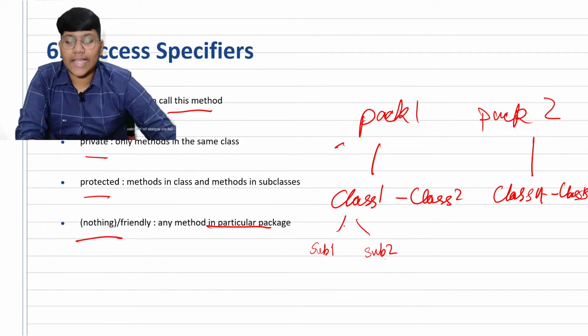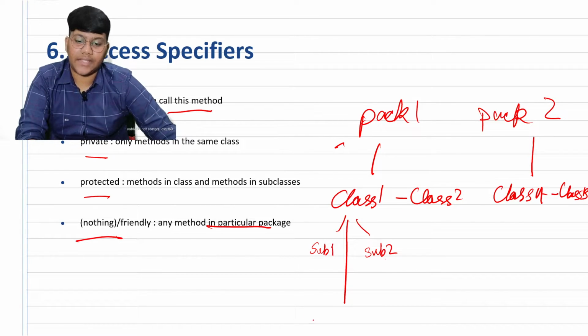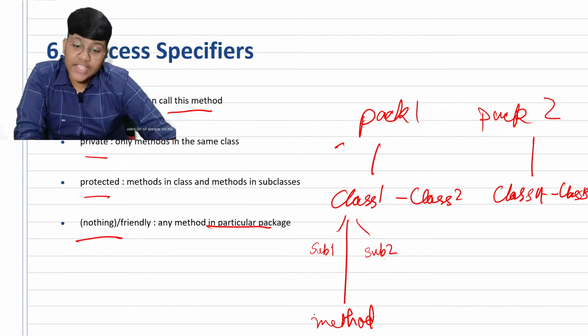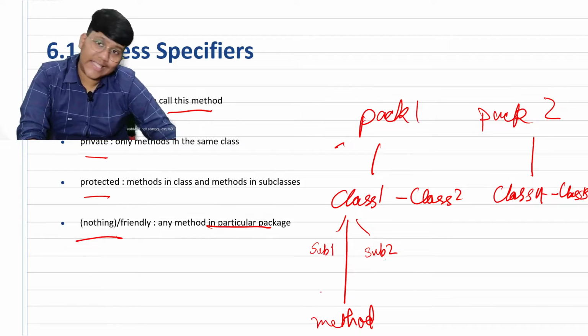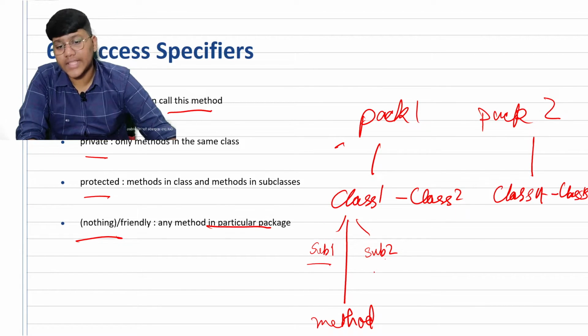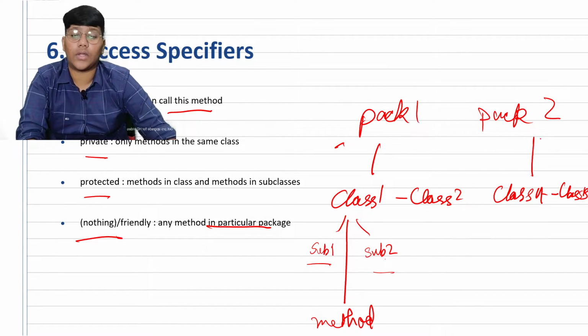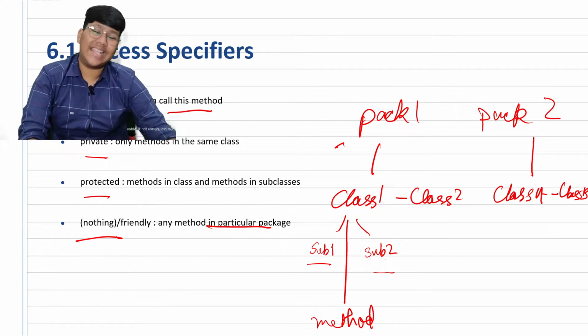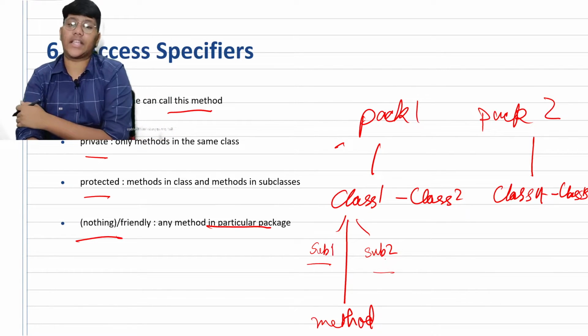Inside this class there is a method. If it is public, this method can be called inside the methods of sub 1, sub 2, class 1, class 2, class A, class B. Every place this method can be called.